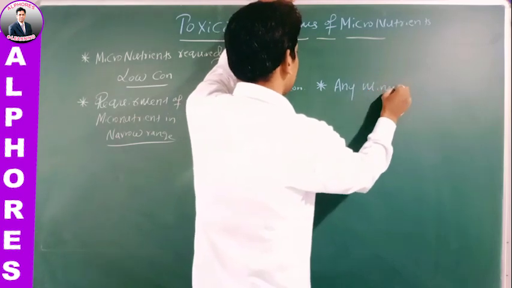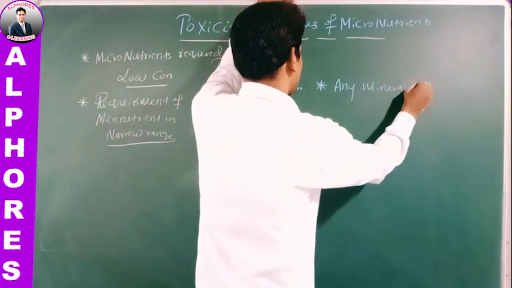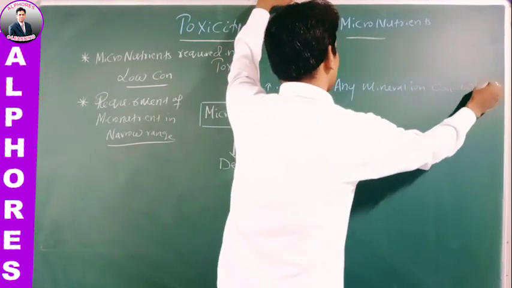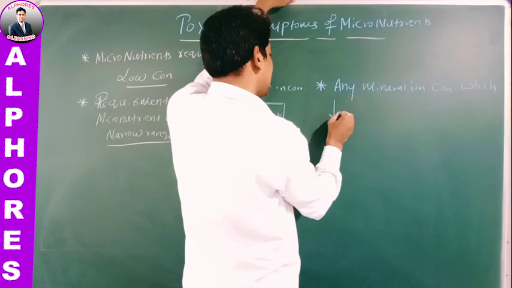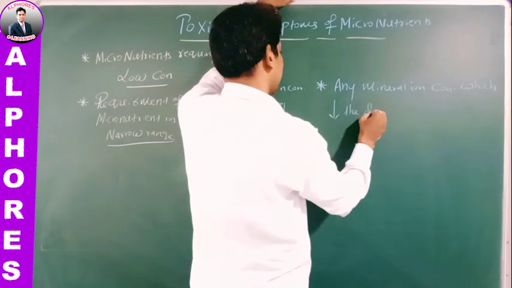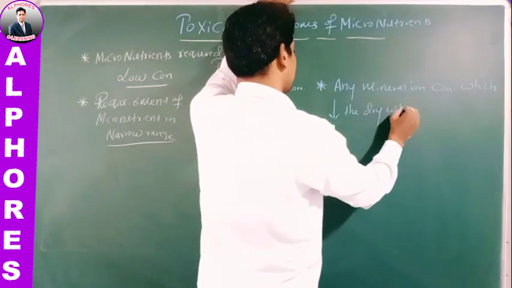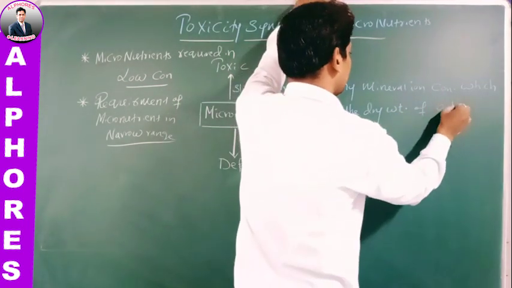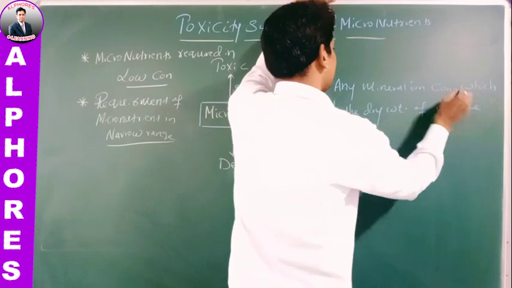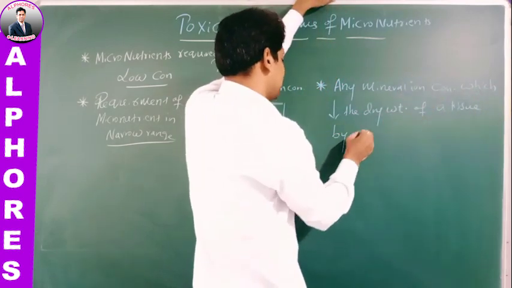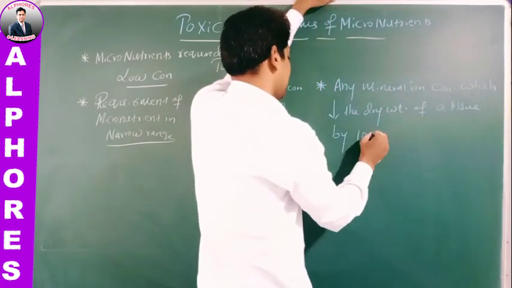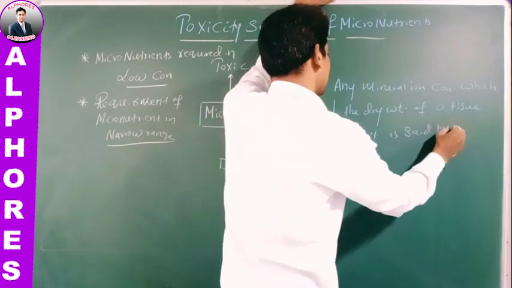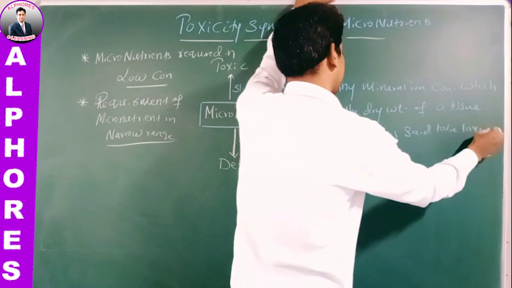Any mineral ion concentration which decreases the dry weight of a tissue by 10% is said to be toxic.